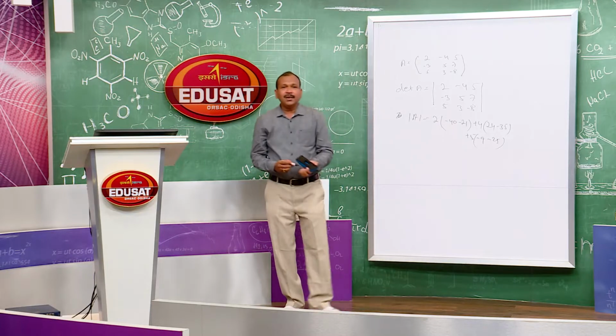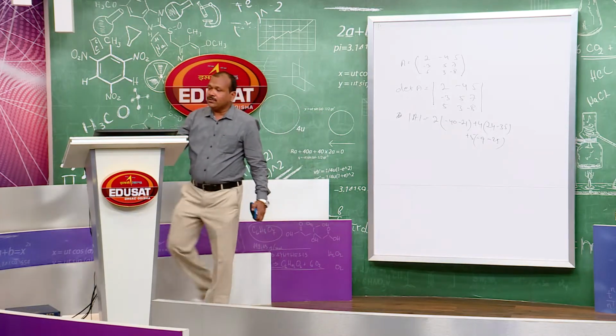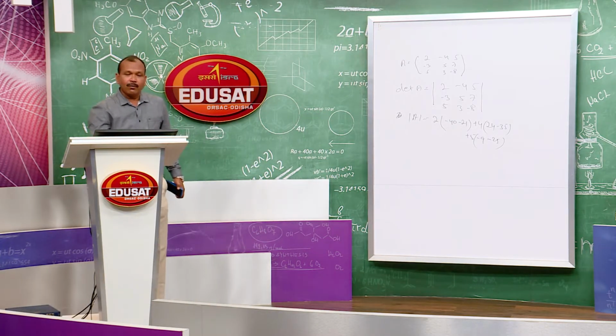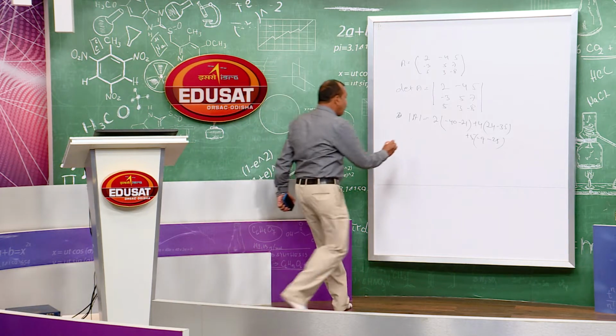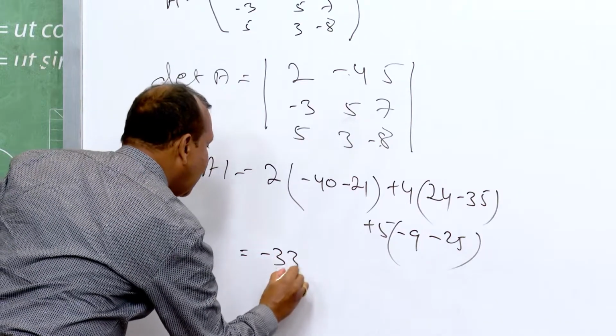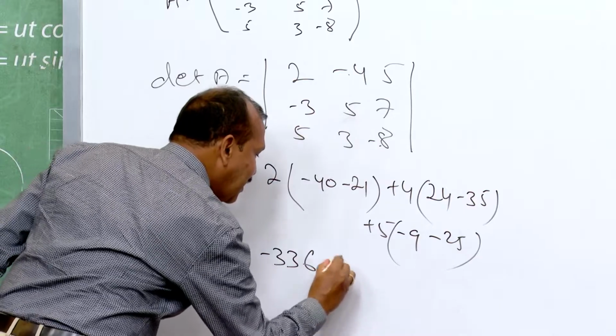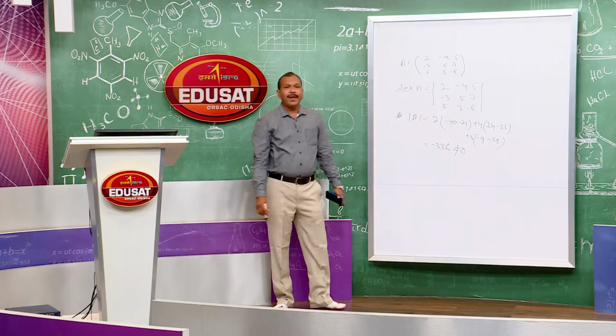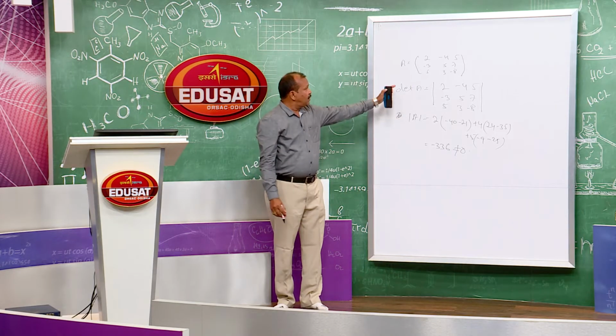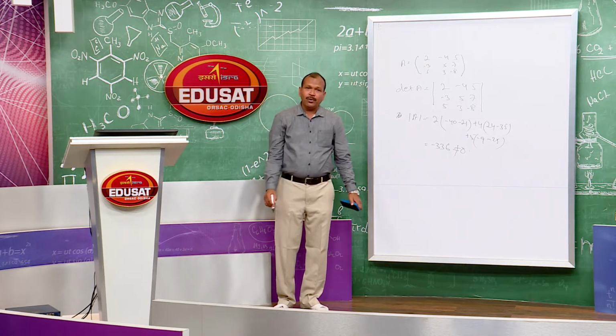By solving this, the value of d becomes minus 336, which is not equal to 0. Hence, the linear system is solvable.